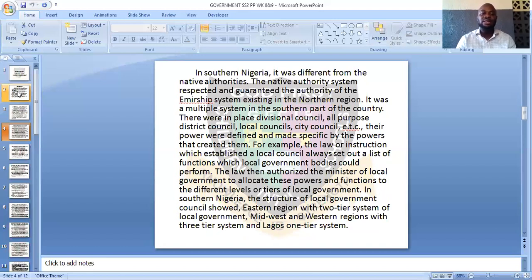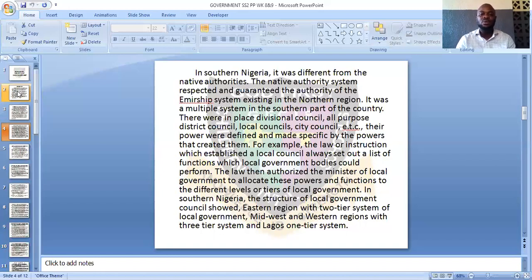There were in place divisional councils, all-purpose district councils, local councils, city councils, etc. Their powers were defined and made specific by the laws that created them.